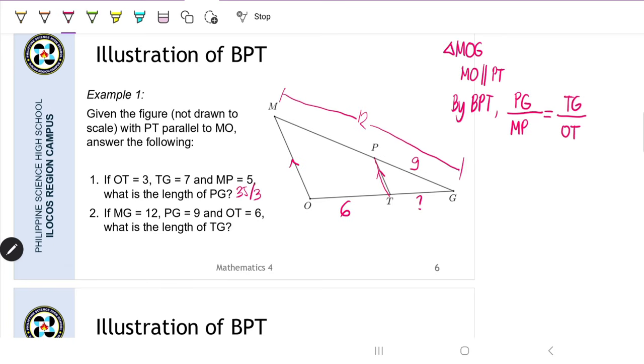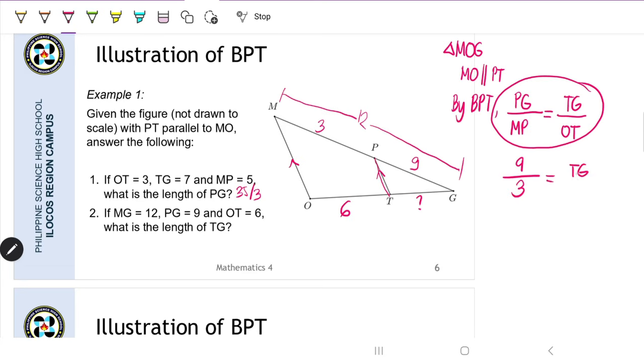Since it's the same figure, we can still apply the BPT, so this proportion still holds. PG is 9. This time MP is unknown, but according to the figure, MG is 12. So we can get MP by subtracting 9 from 12. So 12 minus 9 is equal to 3. MP is equal to 3.